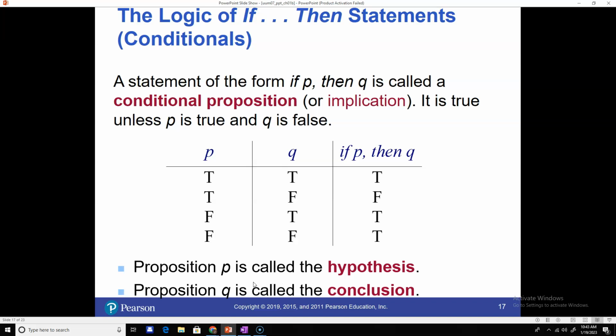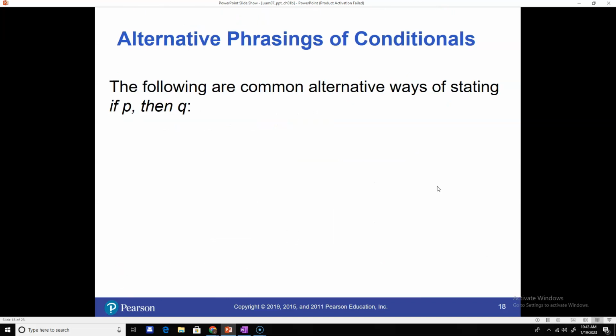Okay, and I was using it already. The first thing, the if part, is the hypothesis, and the second part, the thing that follows the then, is known as the conclusion. There are other ways of saying these, which usually come up in a more math environment, talking about theorems and such.